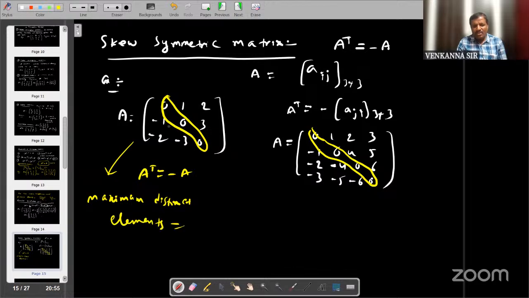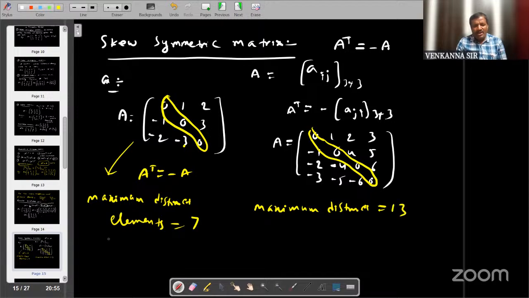In the first example: 1, 2, 3, minus 1, minus 2, minus 3, that is 3 plus 3, 6, and again 0, so 7. In the second example, the maximum number of distinct elements is 13.